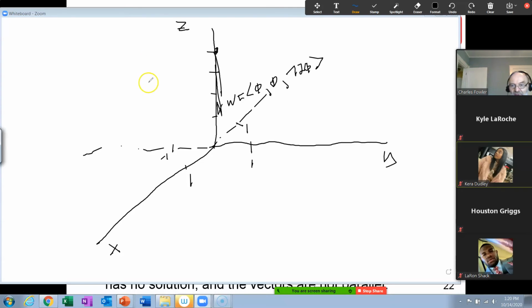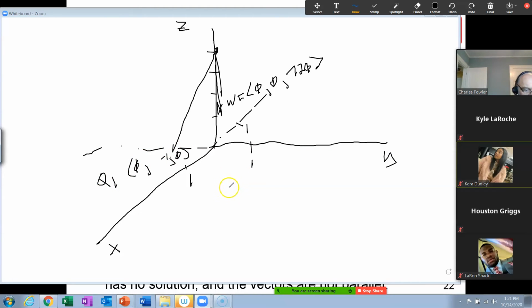I was starting to write the legs of the tripod. This one's at 0, -1, 0. This one over here, I think they called Q1, I believe it was.